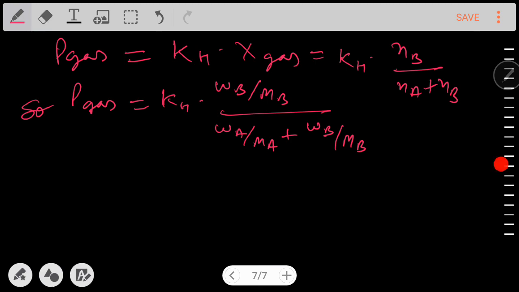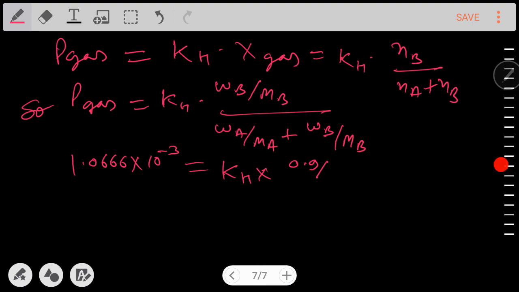Now put all values. P gas is 1.0666 into 10 to the power minus 3 bar, equal to KH times Wb, which is 0.9 upon the molar mass of the solute.